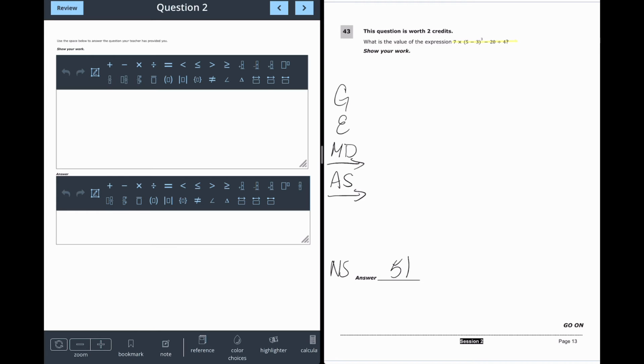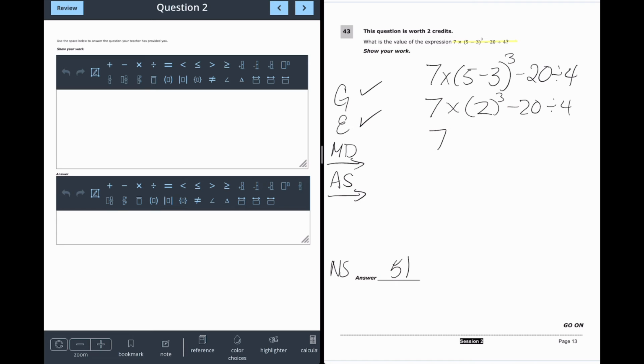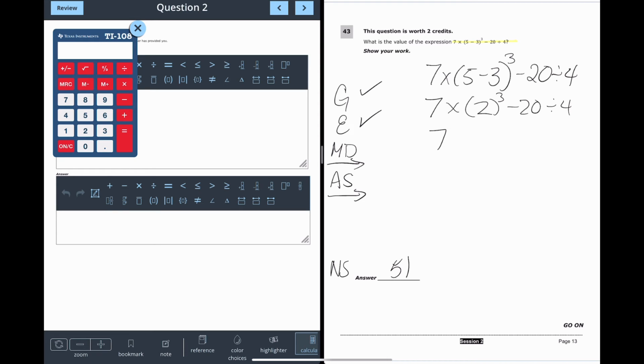But I'm going to start with 7 times, and I just start rewriting it. I'm going to start with groupings, which was in the parentheses. So 7 times 2 to the third power. My exponents. Now 2 to the third power. If you don't remember, you can do 2 times 2 times 2.